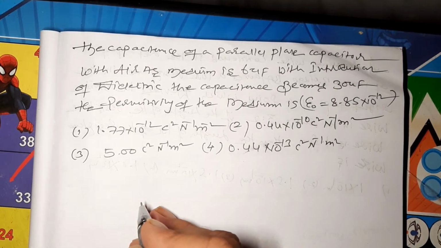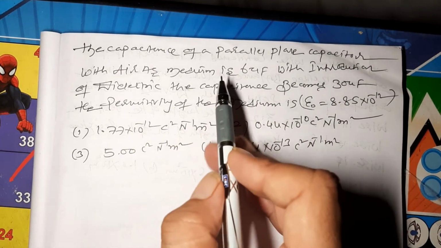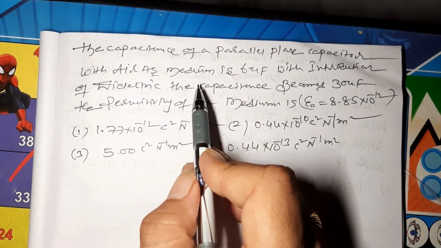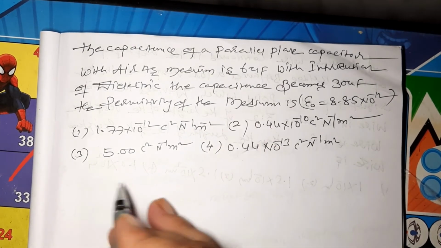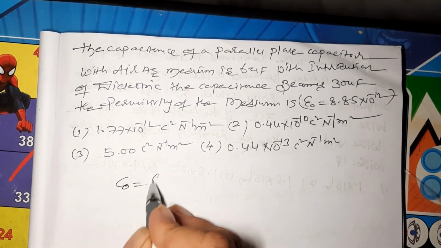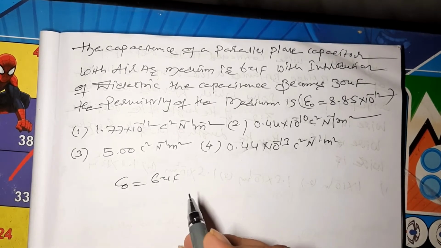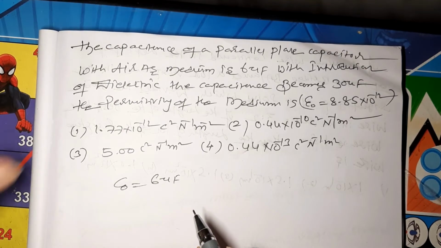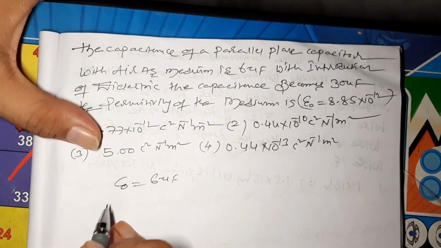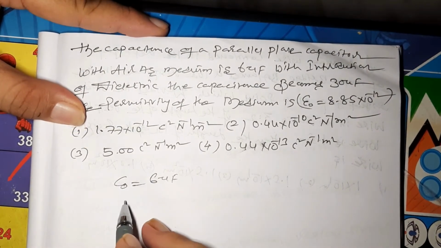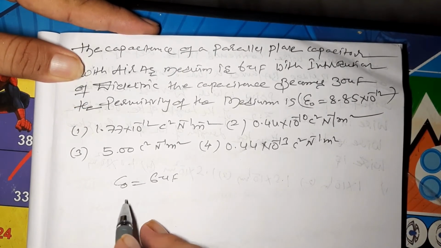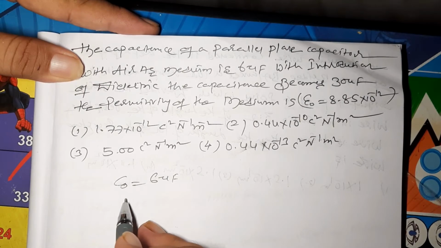So the capacitance of a parallel plate capacitor in air medium, C naught, is equal to 6 microfarads. With introduction of dielectric, the capacity becomes 30 microfarads.